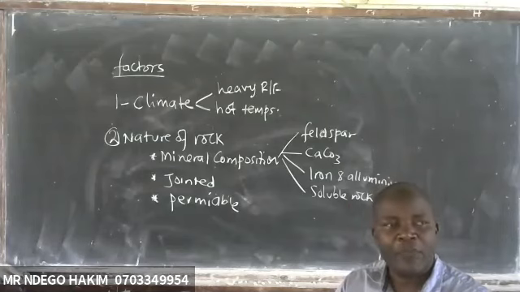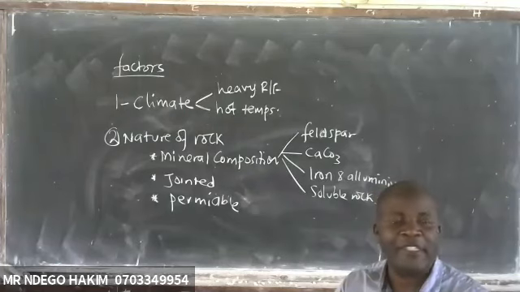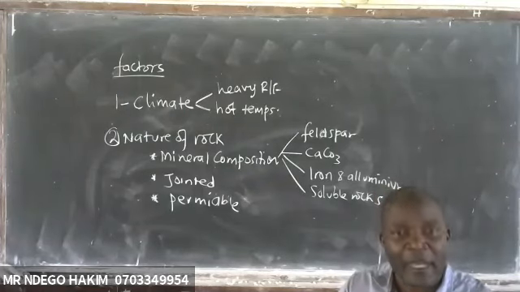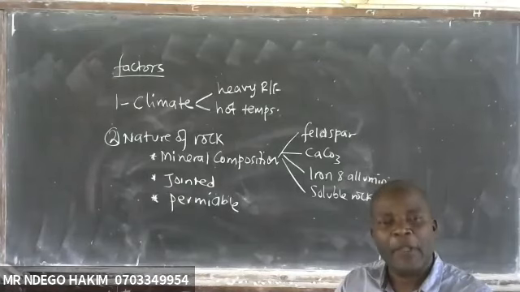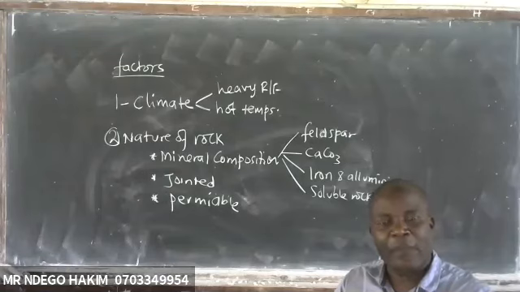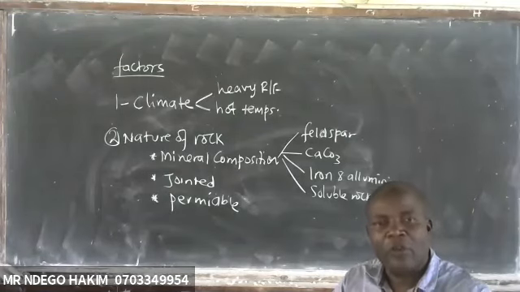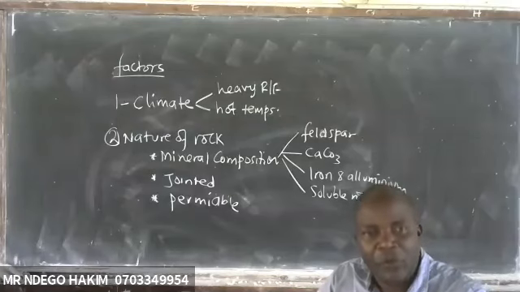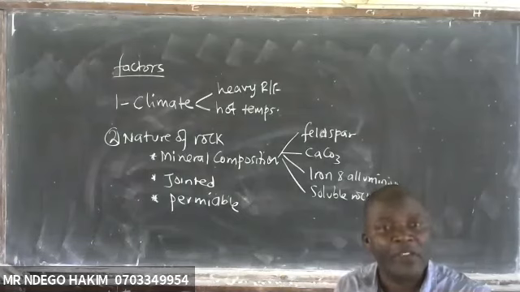Here you say heavy rainfall in the tropical humid areas, exceeding 1,500 millimeters, provides water that dissolves mineral components in the rock, leading to chemical weathering processes like carbonation, oxidation, hydration, hydrolysis in areas around the Lake Victoria Basin.